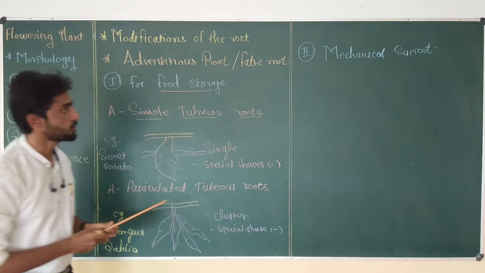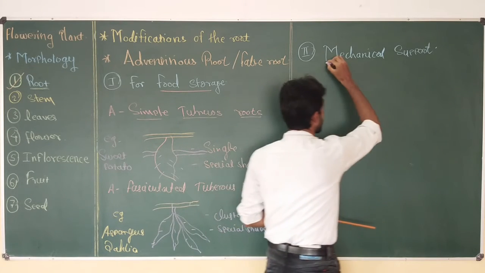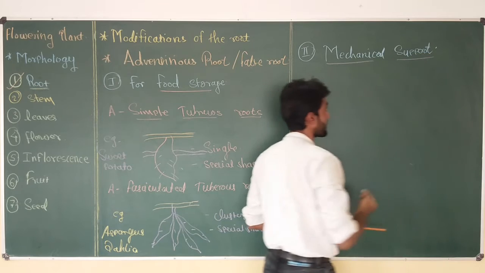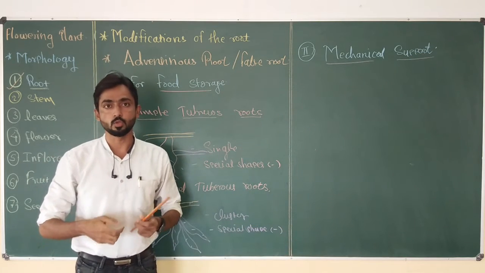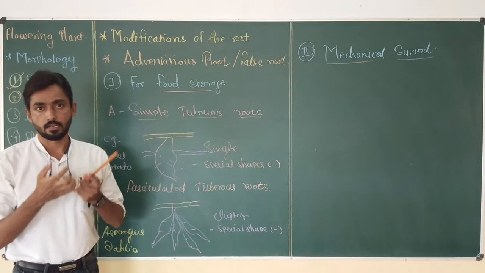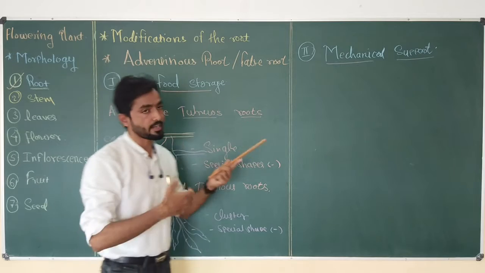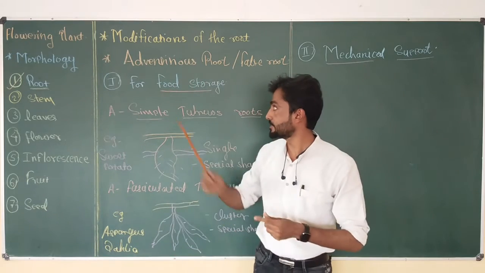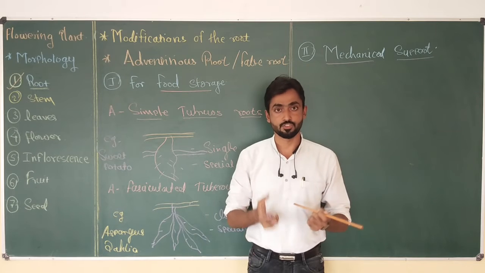Now we are going to talk about the modification of the adventitious root for mechanical support. What is mechanical support? If any plant is unable to support its organs, at that time the plant has to take help from the adventitious root for giving support to the plant structures.